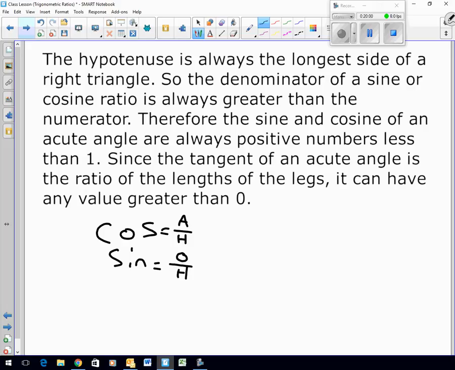Read the first sentence and then tell me why the second sentence has to be true. Because the hypotenuse is always the longest side. So no matter what, your hypotenuse has to be greater than your opposite or your adjacent sides.